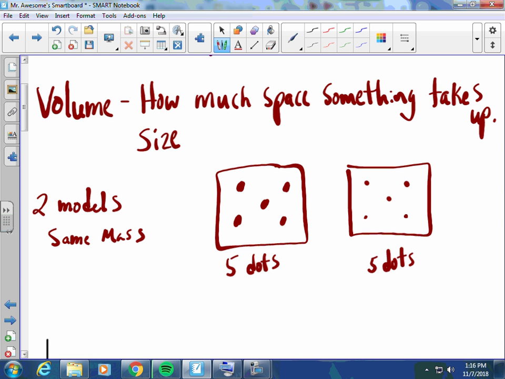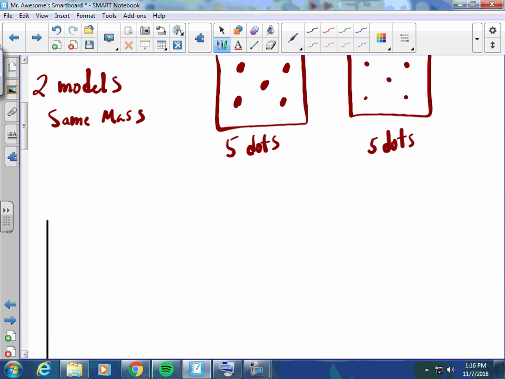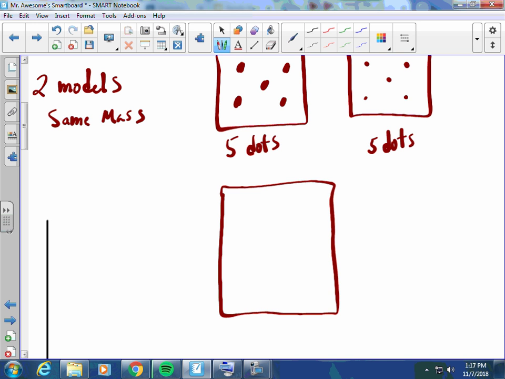Gianni, what did you say? Gianni said she would change the volume. Would you change the size of the dots? So I could make a big one, which means large, high volume, right?